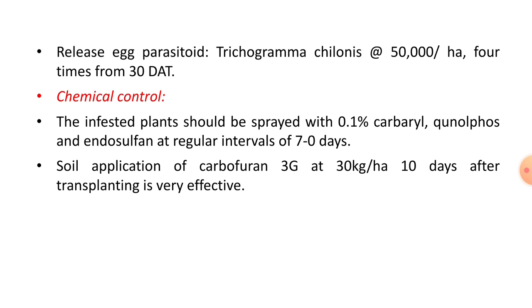So these chemicals are basically used to control different stages of brinjal fruit borer. These are all effective against larvae, pupa as well as adult. Okay, so these are the control measures in which we have seen the mechanical, cultural, biological and chemical ones.